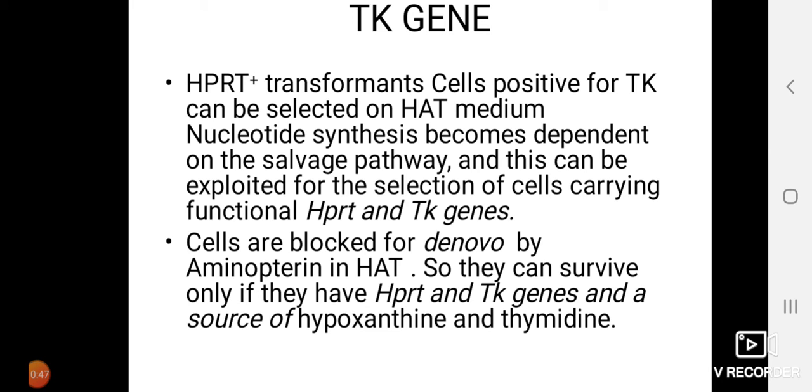Guanine can be produced from hypoxanthine by using the HGPRT or HPRT gene, and the TK gene plays an important role, because if cells are not TK positive, thymidine synthesis is going to get affected.